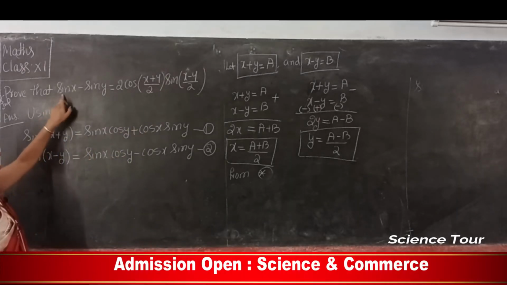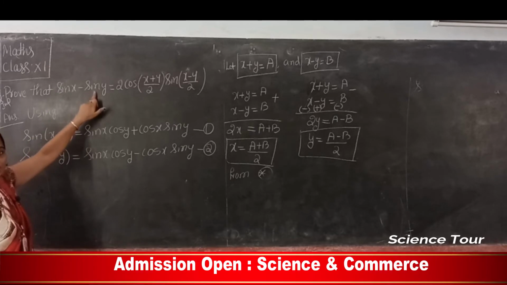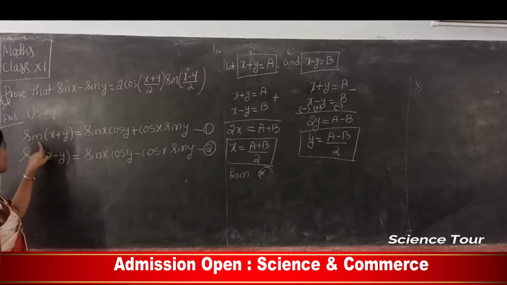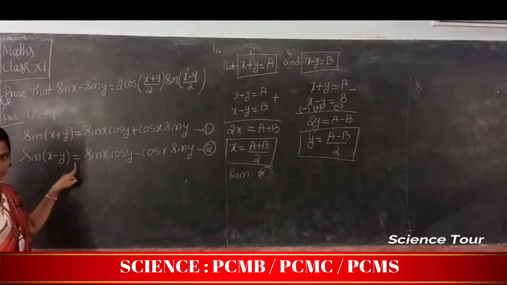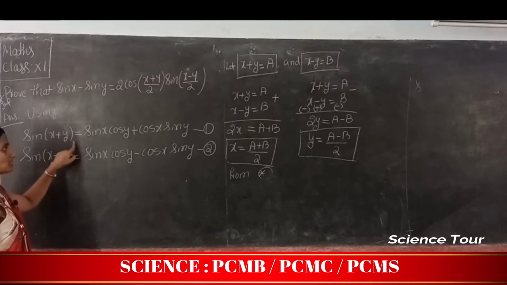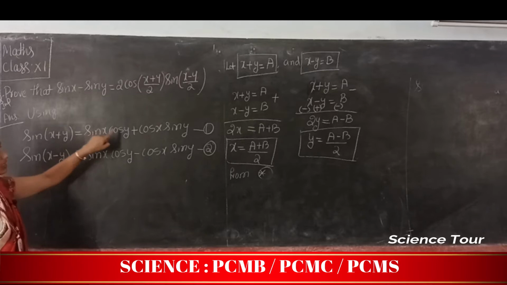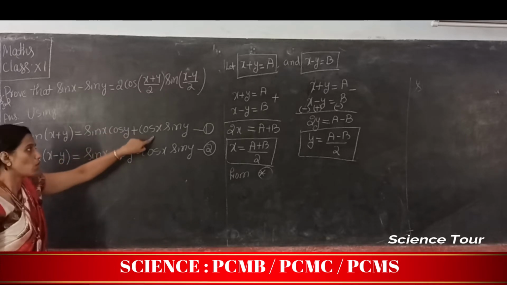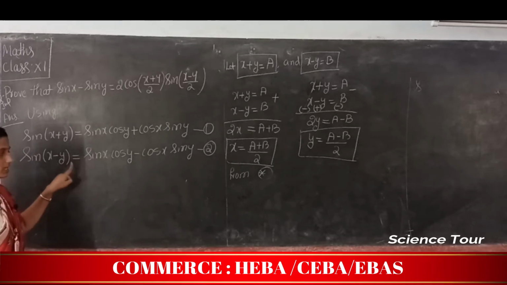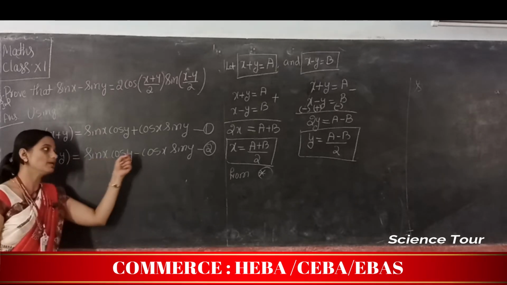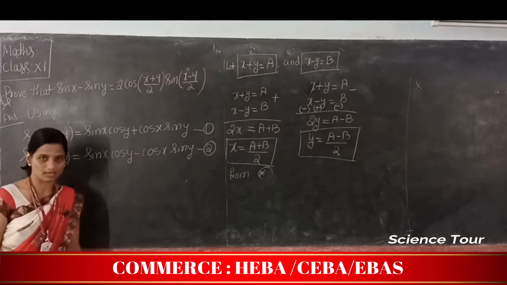So here it is sin and sin, means use the formula sin x plus y and sin x minus y. Sin x plus y, the formula is sin x cos y plus cos x sin y. Sin x minus y is sin x cos y minus cos x sin y.